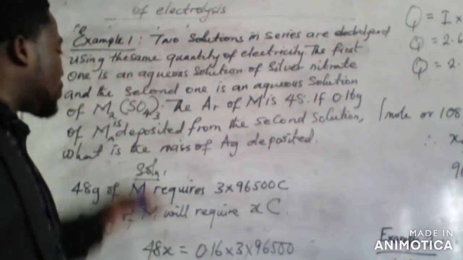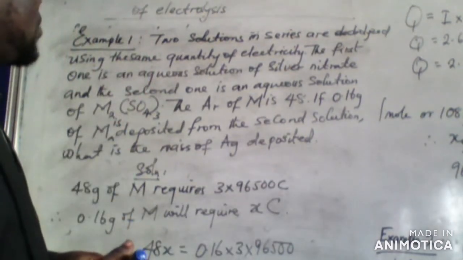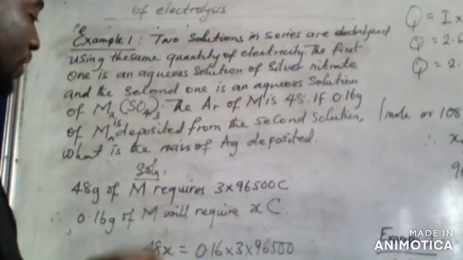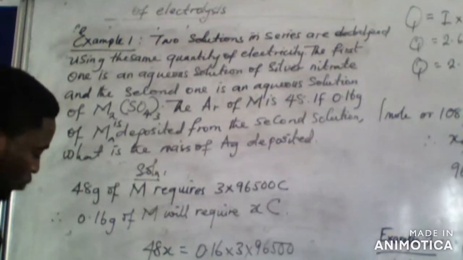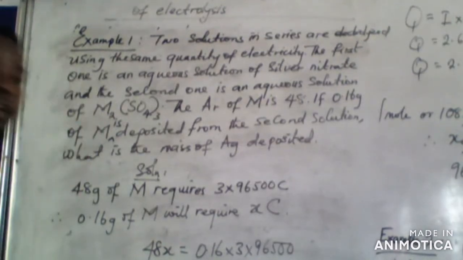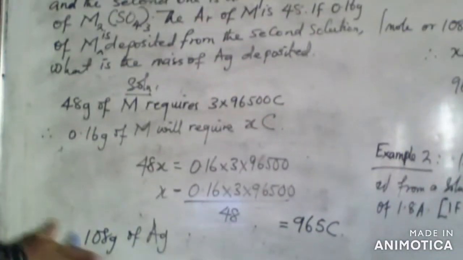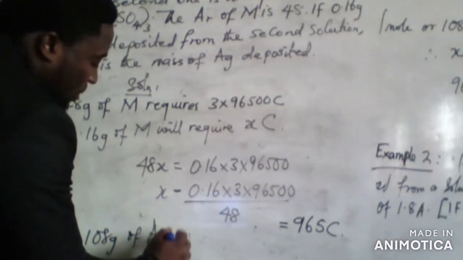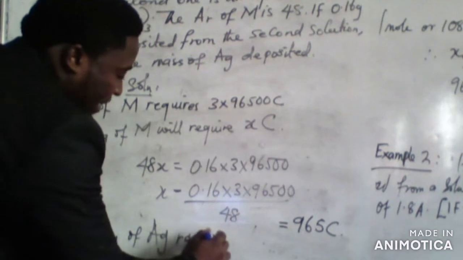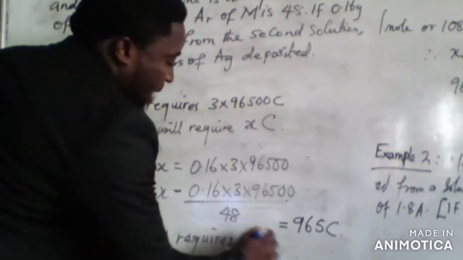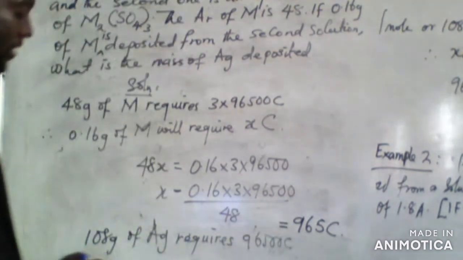So I will now use it to answer the question that says that we should find the mass of silver deposited in the first cell. Now don't forget that 108 grams of silver will require 1 Faraday of electricity, which requires 96500 coulombs of electricity.